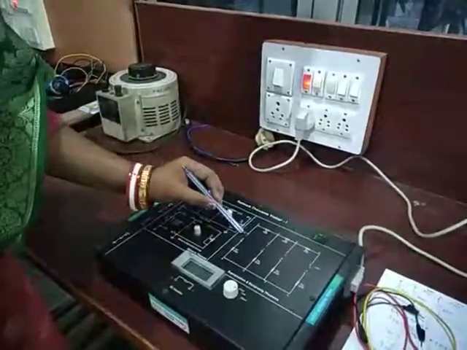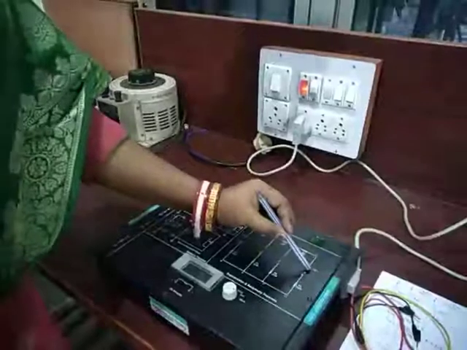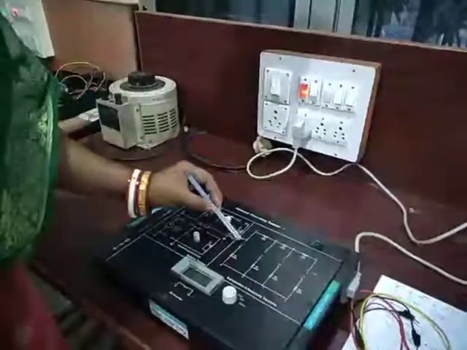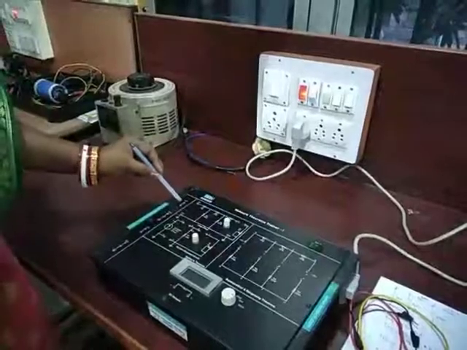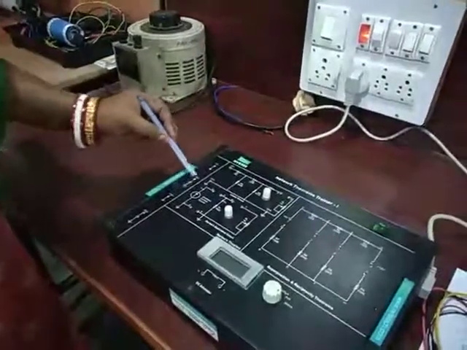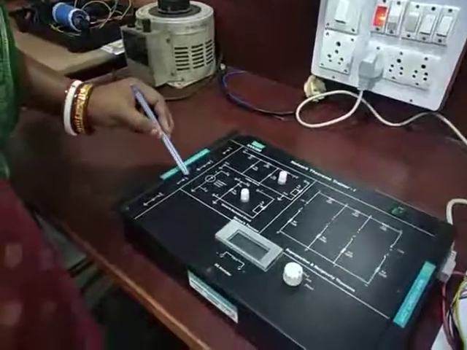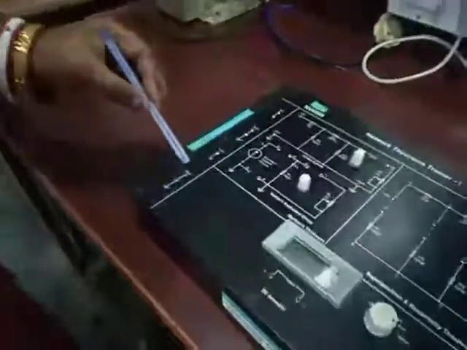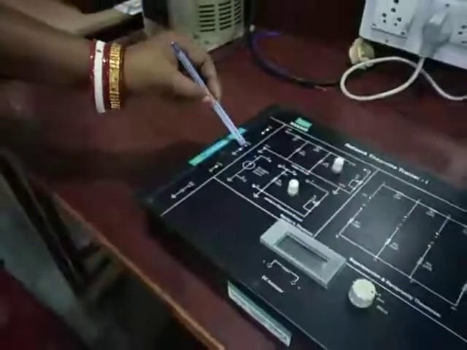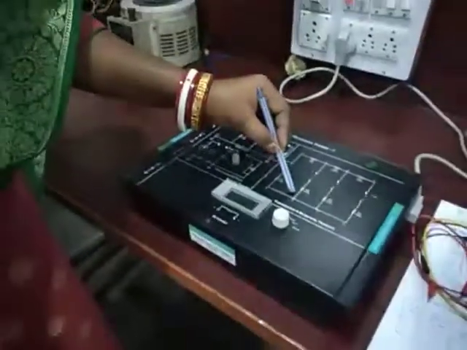One is a 5 volt source and one is a 12 volt source. And from where do you connect these sources? From this terminal. This is the supply terminal for 5 volt, and this is the ground. This one is for 12 volt and this one is the ground. It means from this ground terminal you take the negative terminal for this circuit diagram.